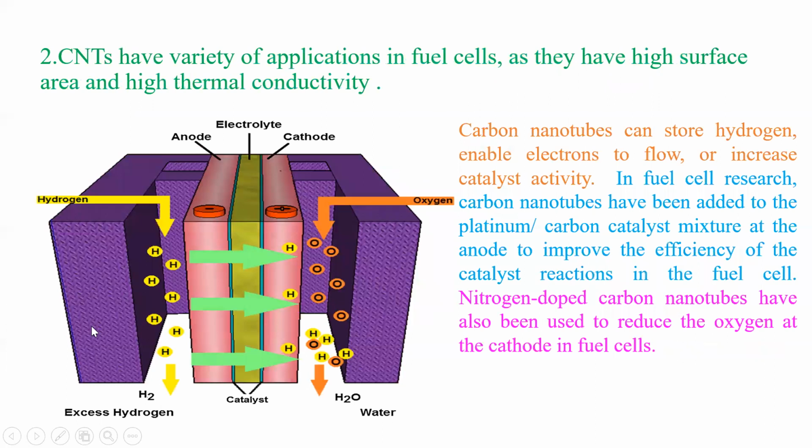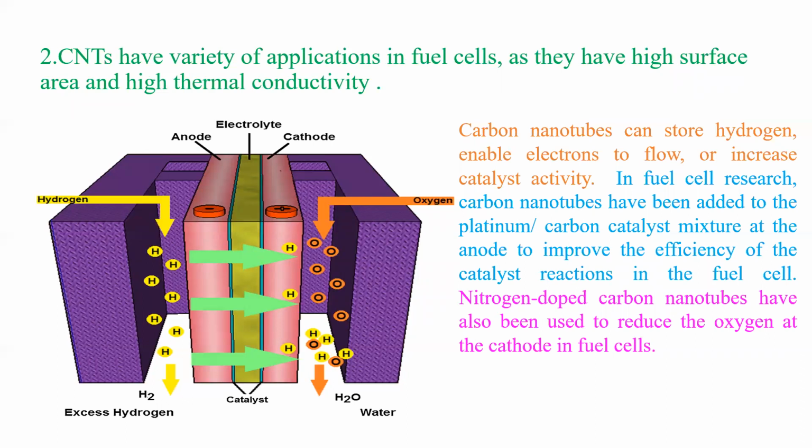Next, CNTs have a variety of applications in fuel cells as they have high surface area and high thermal conductivity. So this thermal conductivity is very essential, as if the fuel cell gets heated, its performance will deteriorate. As carbon nanotubes have high surface area and high thermal conductivity, this will enable them to dissipate the heat faster.